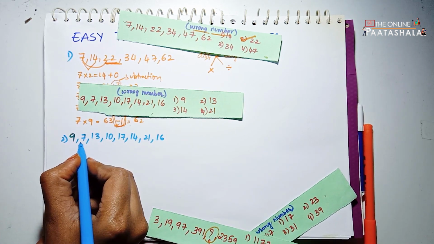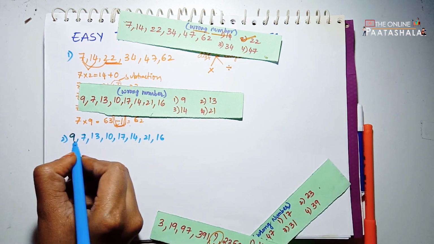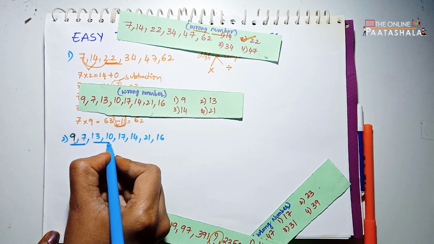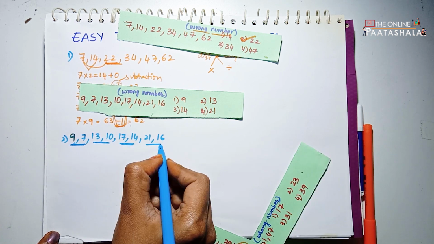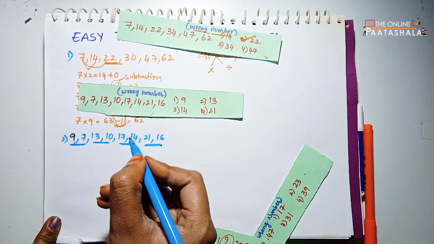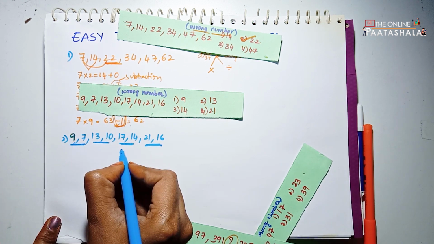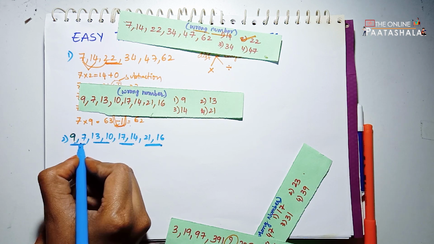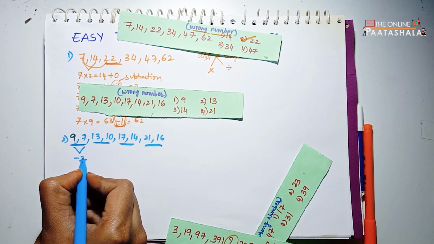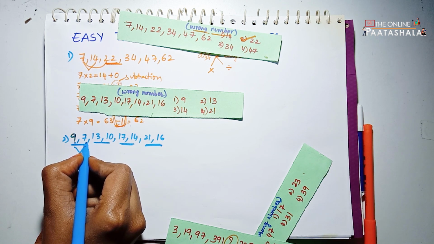See, by looking at this, these two numbers act as one pair, and these two as one pair, and these two as one pair, and these two as one pair. By seeing the question, you need to identify how the series is being given. See these two, what is happening? Minus 2. 9 minus 2 is 7.